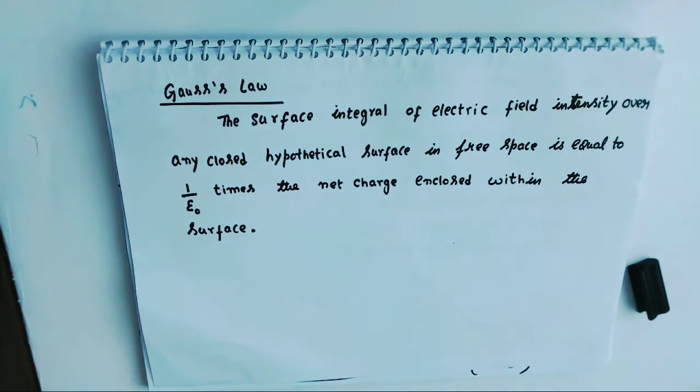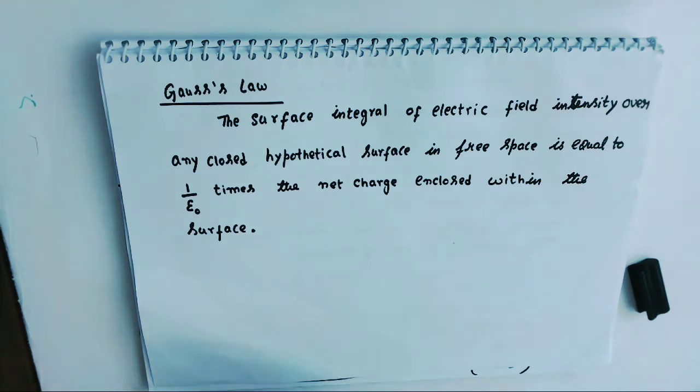So now the topic that we will discuss is Gauss law. This law gives the relation between electric field at a point on a closed surface and the net charge enclosed by that surface.